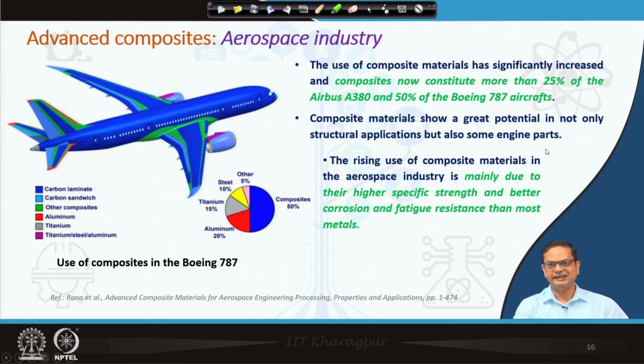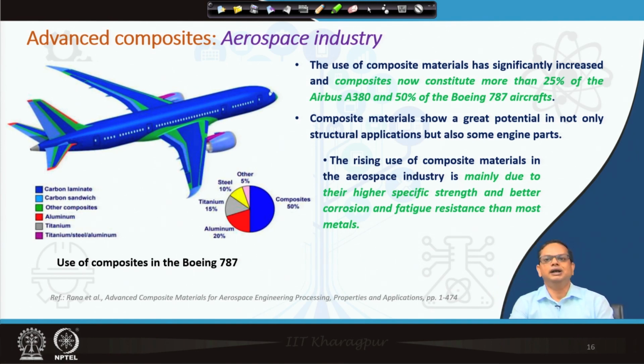Data has been provided here. You can see that the Airbus A380 contains 25% composite, whereas the Boeing 787 contains even 50% composite material. This kind of composite is used because aircraft need high specific strength. High specific strength means high strength but low weight.